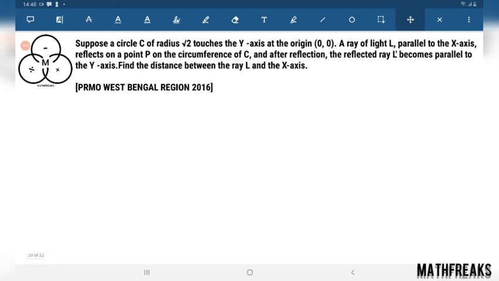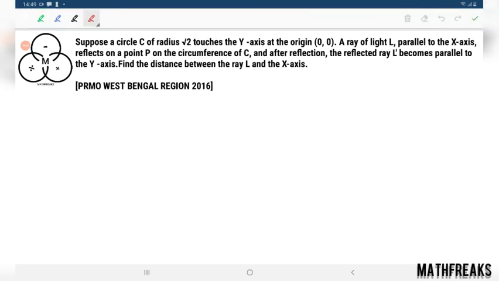This is an easy question also. Read the question carefully. Pause the video and try it. And then go for the first hint, that is the law of reflection.